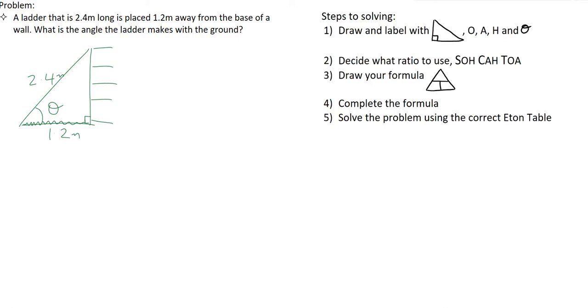The ladder. Thank you. Which is the adjacent? Yeah, the one that's next to the angle. So that's my adjacent. And the opposite is the one that is opposite the angle. Okay, so that's what I've done so far. That makes sense, doesn't it?